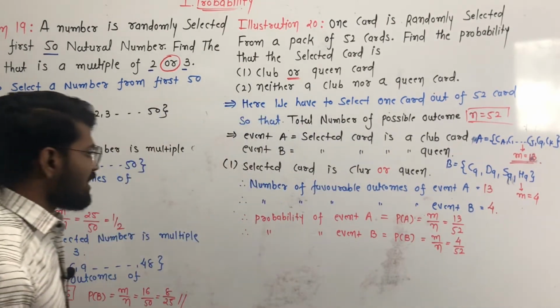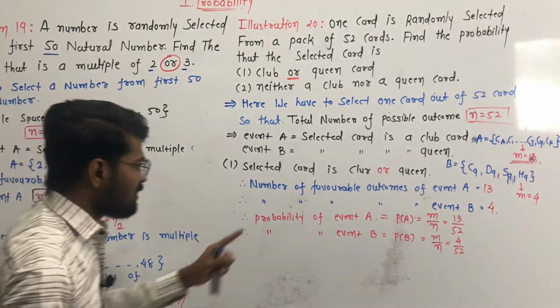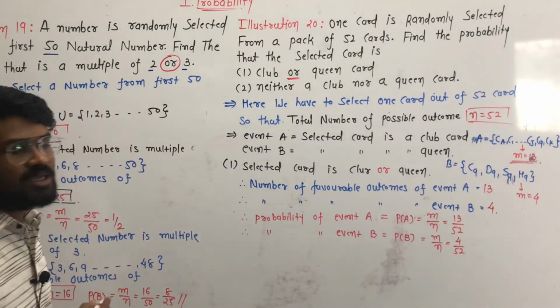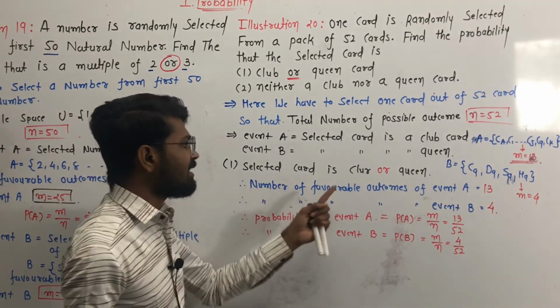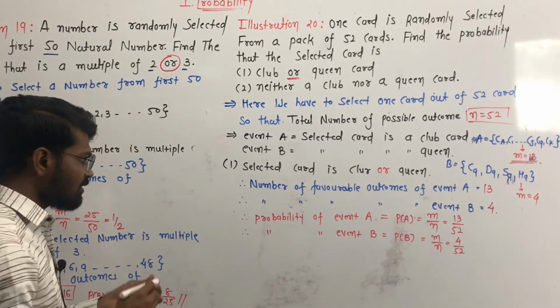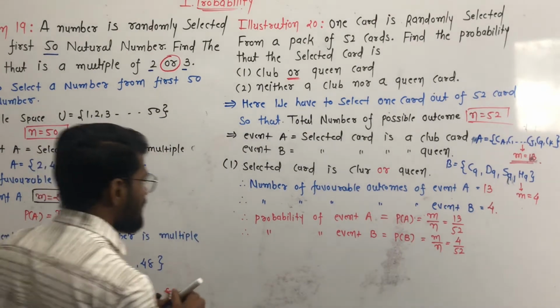Clear? And now the probability of events A and B, which means the selected card is a club and a queen.